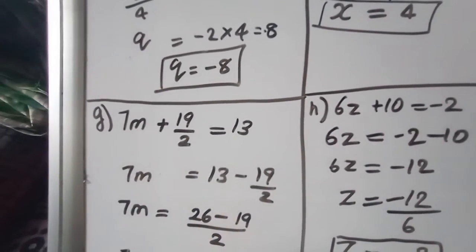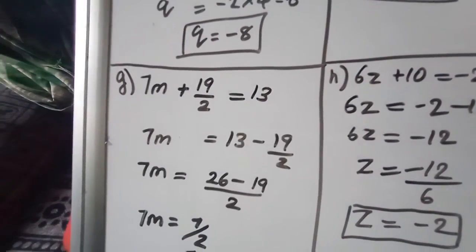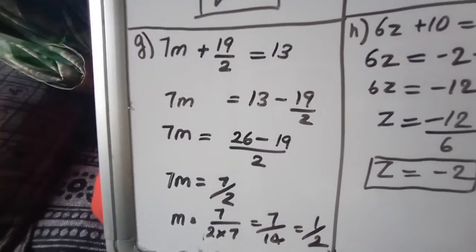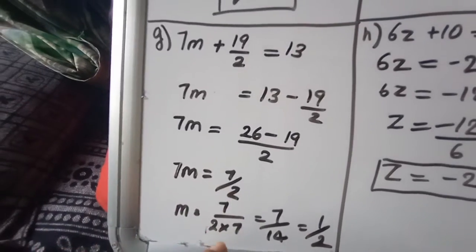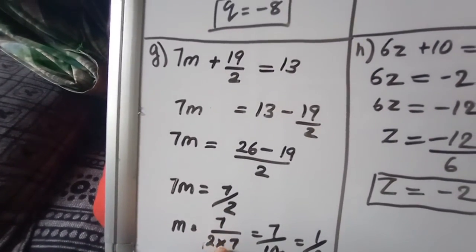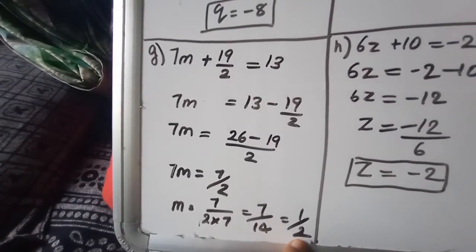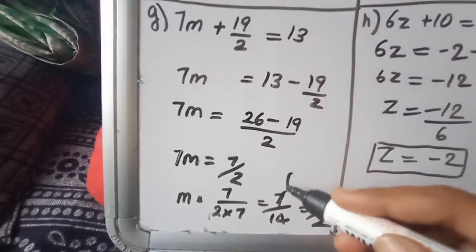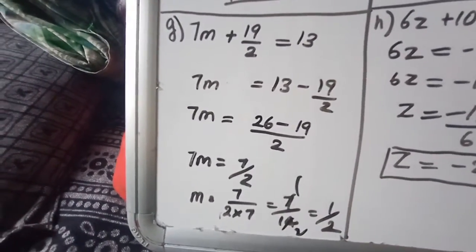So 26 minus 19 will get 7. 7 by 2. 7m is equal to 7 by 2. m is equal to 7 upon 2 into 7, that 7 is going to come here. So 7 upon 14. If we simplify it, 7 1s are 7, 7 2s are 14. So we will get 1 upon 2. Answer: m is equal to half.